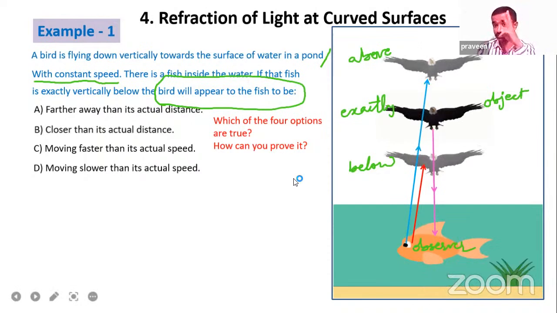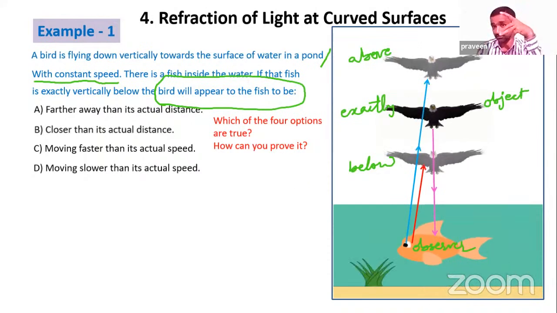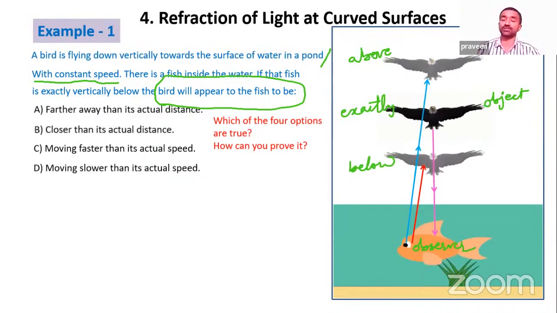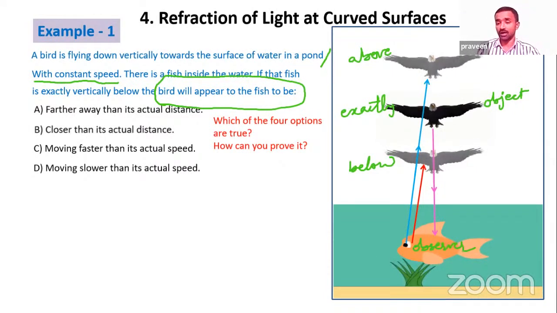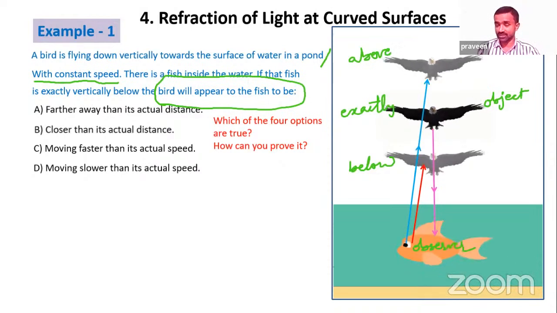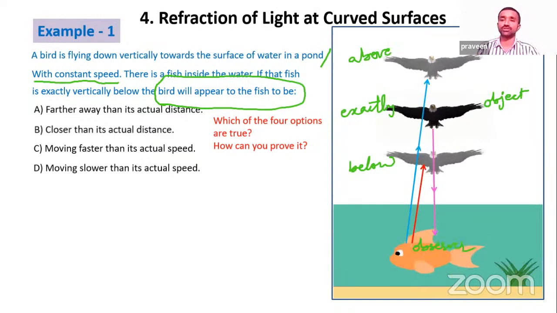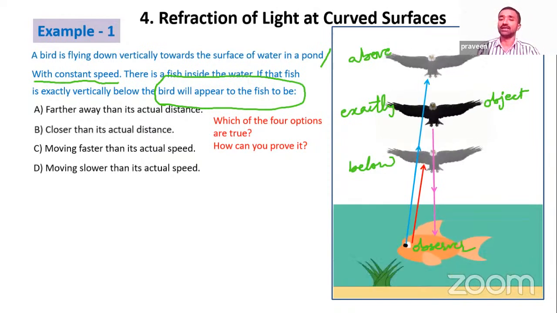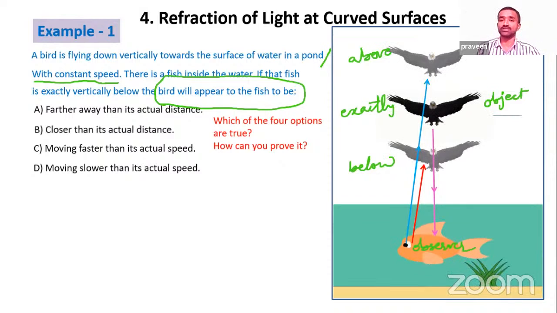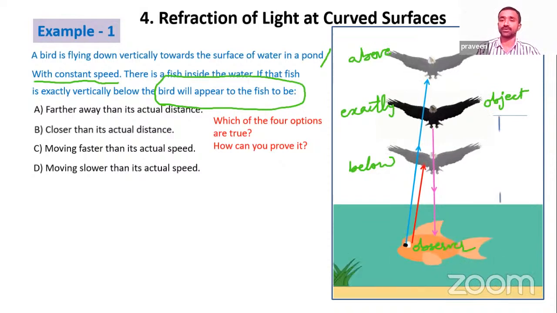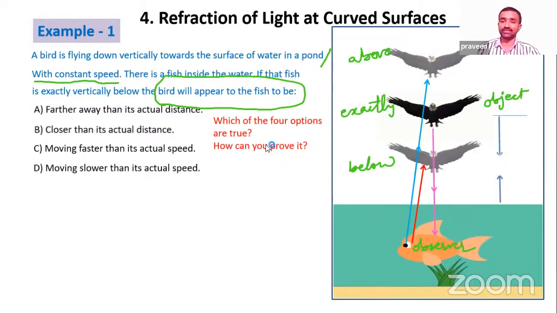Three birds are given here. Exactly the middle bird is the object for us. Let us take the distance of the object from the water surface, the plane surface, as x.